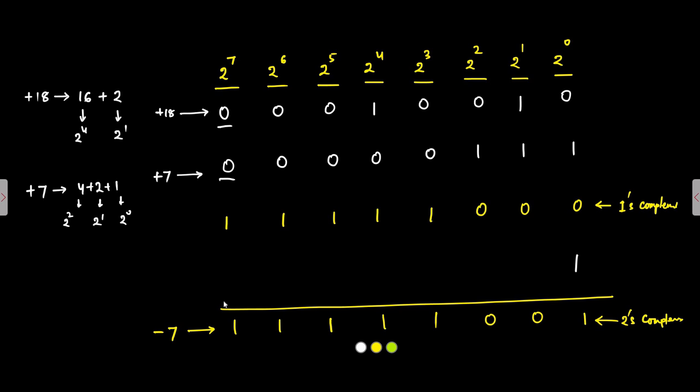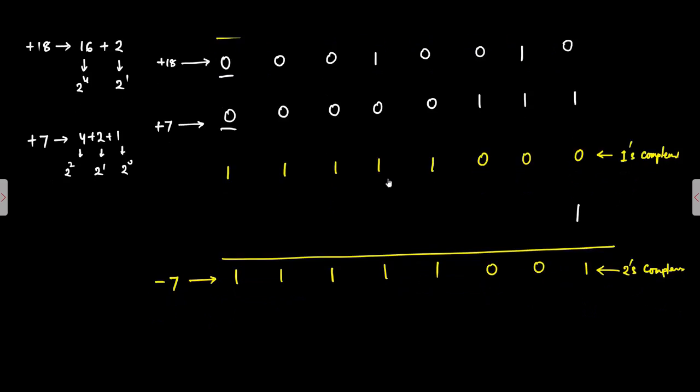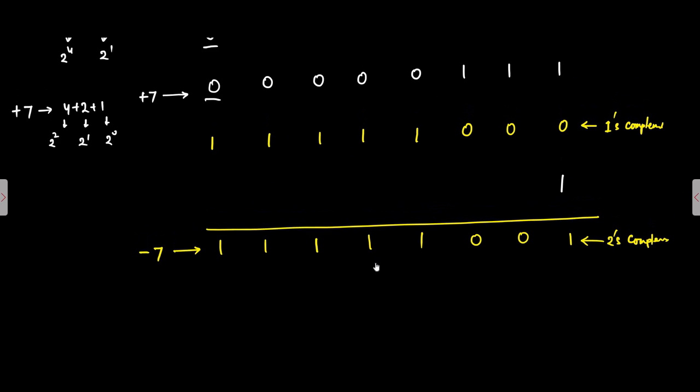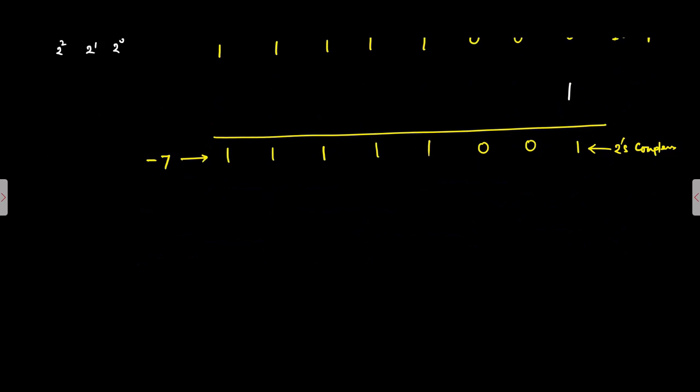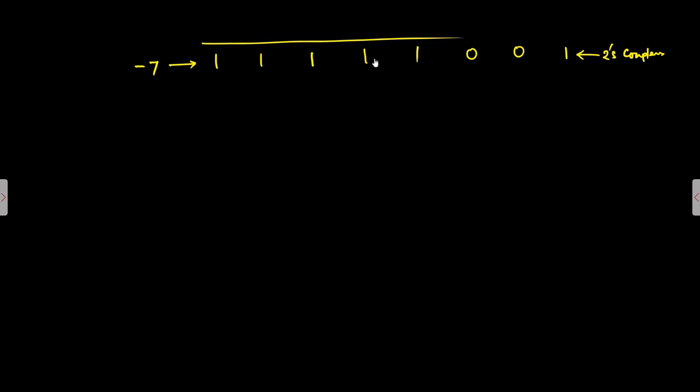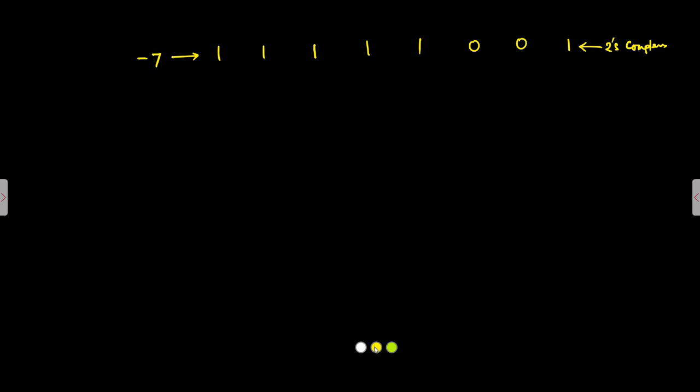So now we add 18 plus minus 7. This 18 minus 7 operation, we will convert it into this form, 18 plus minus 7.